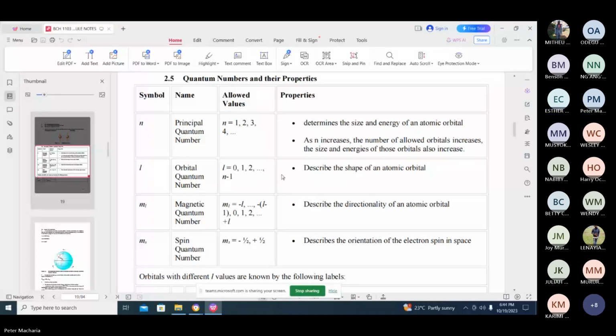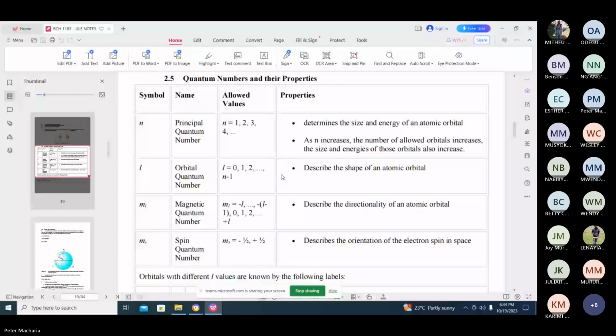Now, in those sub-levels you have, for example, apart from S, when we were looking at sub-level P, we saw that we can have Px, Py, and Pz, right?